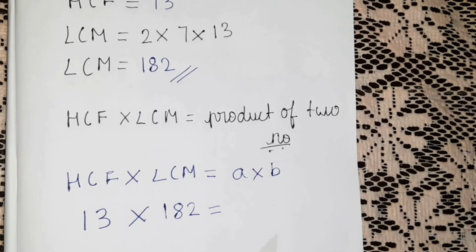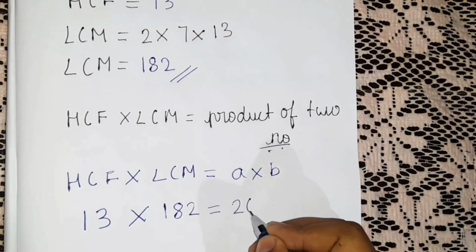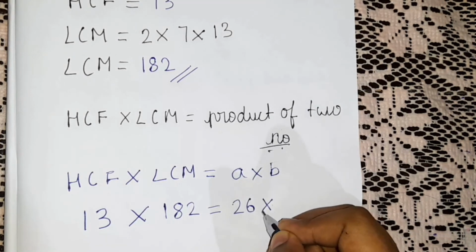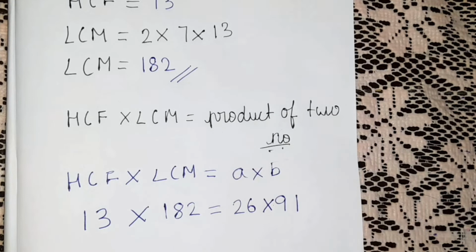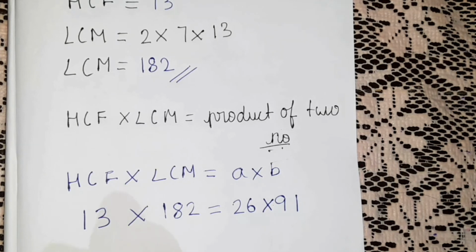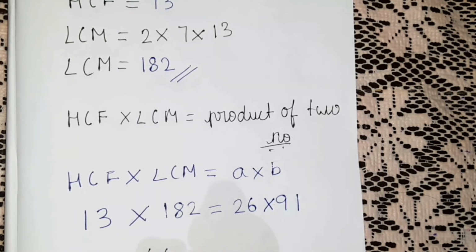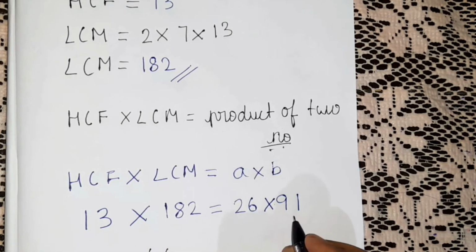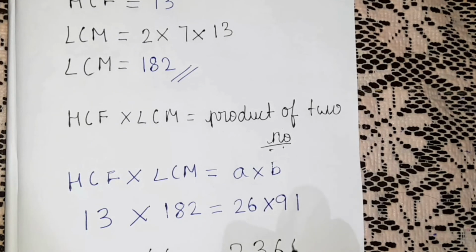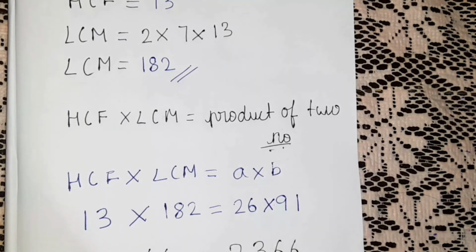Am I right? So we are going to take 26 and 91. That is the question. So 26 into 91. So when we multiply these numbers, we get an answer, that is 2366. Is equal to, when we multiply this as well, we get 2366, which is exactly similar, okay?